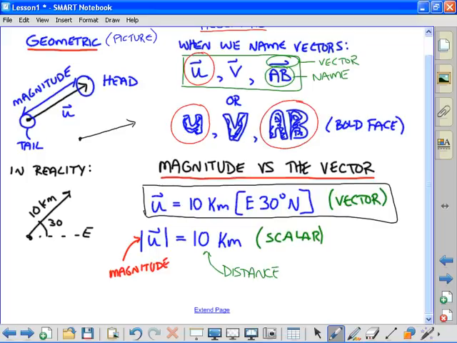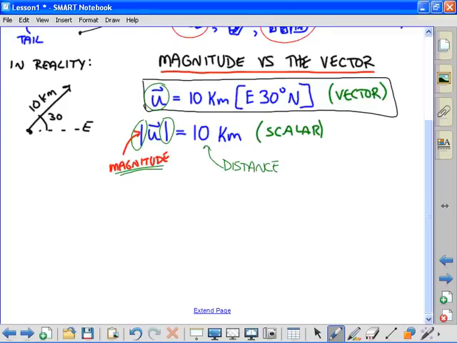Now, how do I show that this is the magnitude of vector u? We use these horizontal bars. And people who remember absolute value, yes, they're the absolute value bars. So when you see these bars with some variable in there, so let's call it m vector, okay?